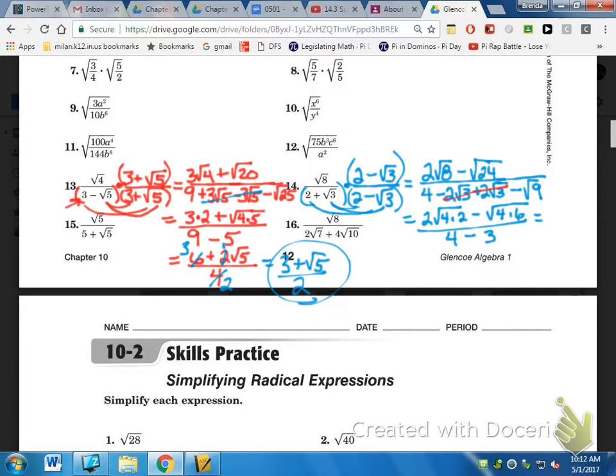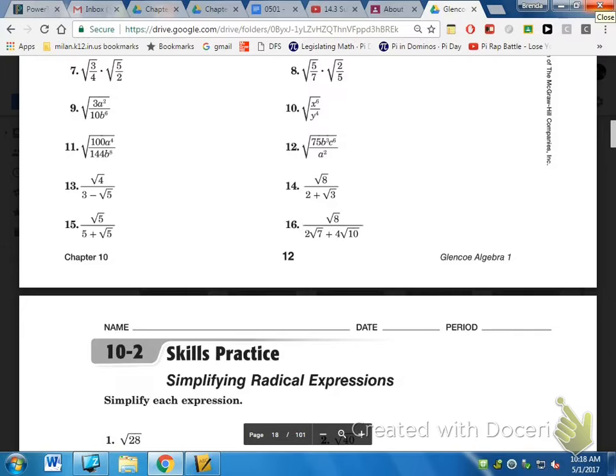Okay, now this 4 comes out as a 2, but there's already a 2 out there. So 4 radical 2 minus this 4 comes out 2 radical 6 over 1. And then you get to the point where you don't even have to write the 1. So it's just like simplifying a fraction. So 4 radical 2 minus 2 radical 6.